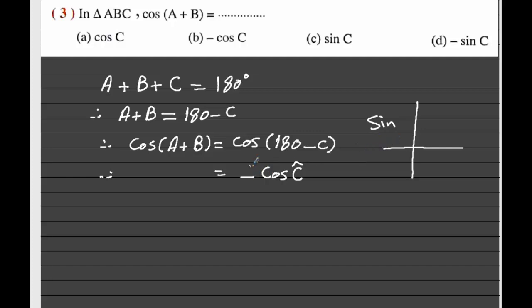So we have cosine 180 minus C equals negative cosine C, and we choose letter B.